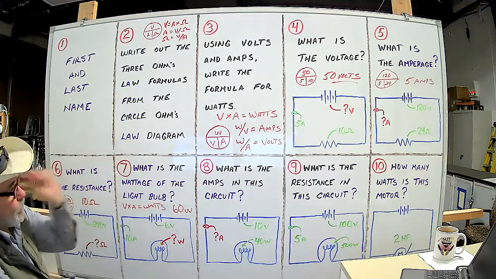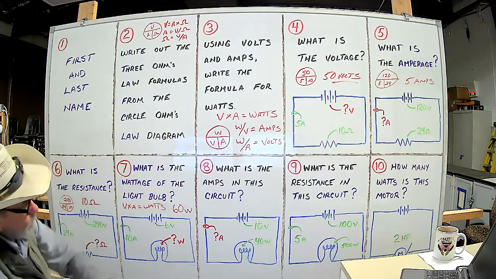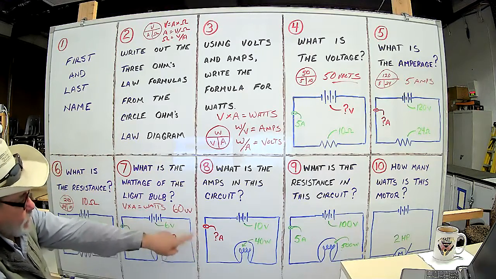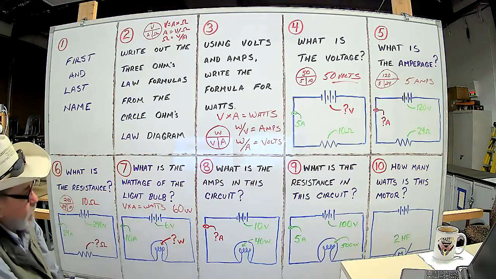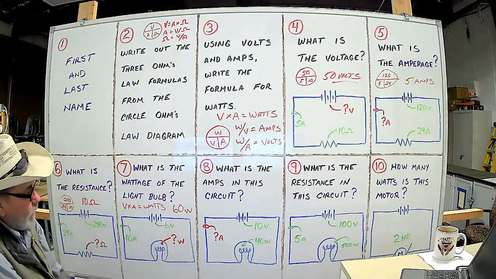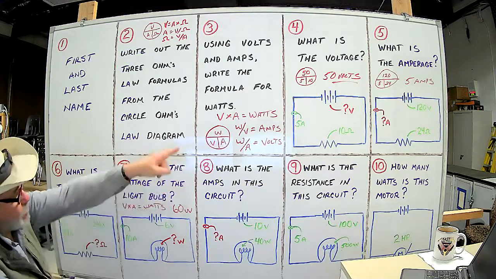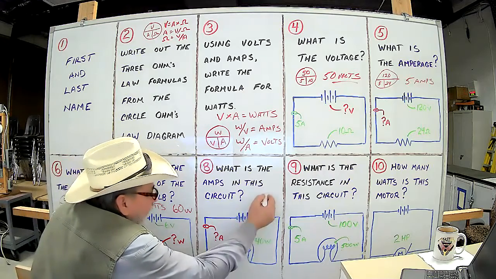Now, what is the amps in this circuit here? This one here. Now, what I should have done is left. No, this will work good. So you got 10 volts and you got 40 watts. Well, we can use our little deal that we got right here, okay?